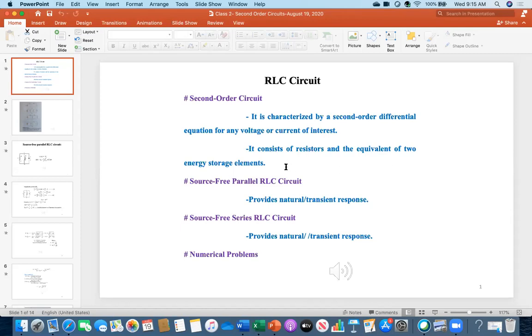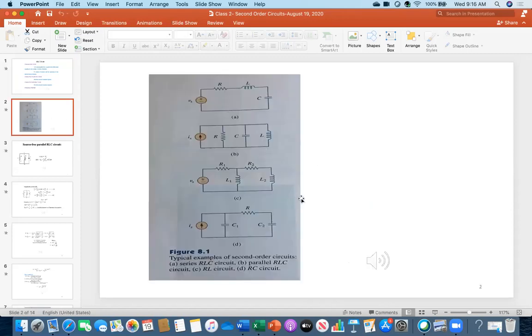Now I am going to the next slide. Everybody see this figure. The top two figures, the series circuit and the parallel circuit, both involve all three components R, L, and C. So A and B are definitely second order circuits because they will give you a second order differential equation.